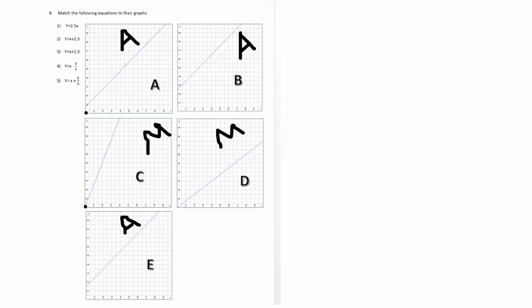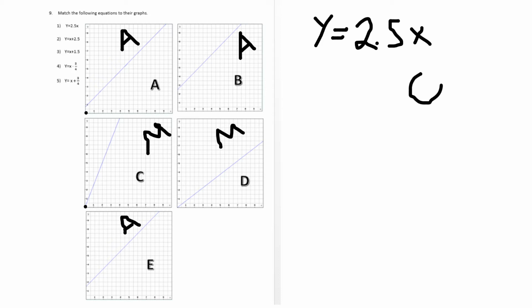Now this first equation here, equation 1, it says y is equal to 2.5x. Well, that right there is a multiplicative equation. Don't forget there's no multiplication sign there, but that 2.5x means 2.5 times x. So y is equal to 2.5 times x.